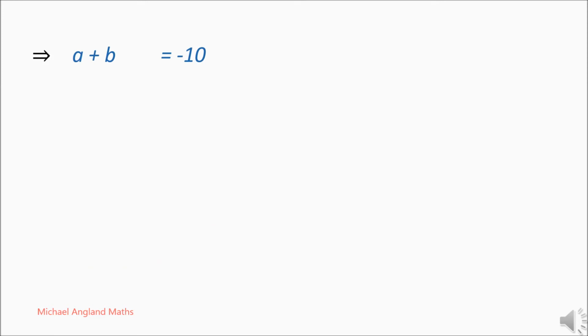So now looking at that equation on the left-hand side, a plus b equals minus 10, we can rearrange this either in terms of b or in terms of a. So first of all, I'll do it in terms of b. And that gives me b is equal to minus 10 minus a. Now I can substitute this into my 32a plus b squared.